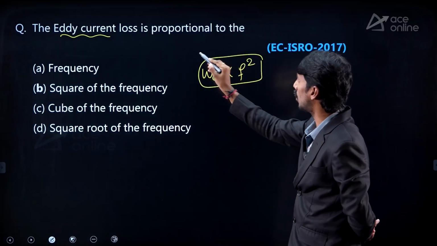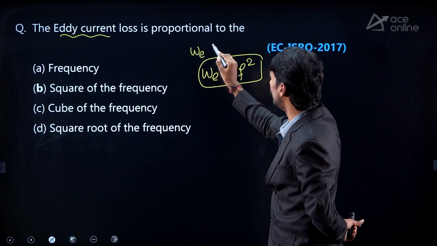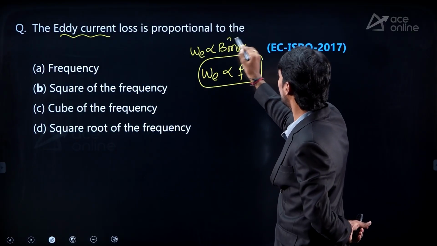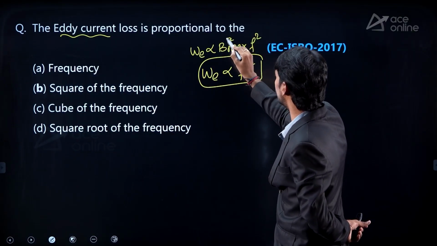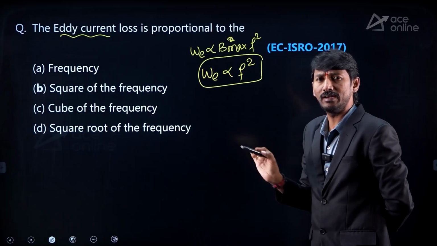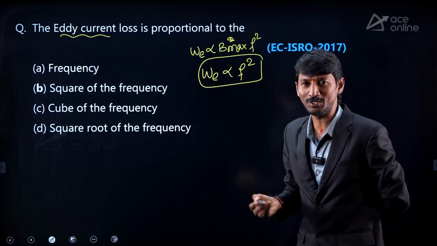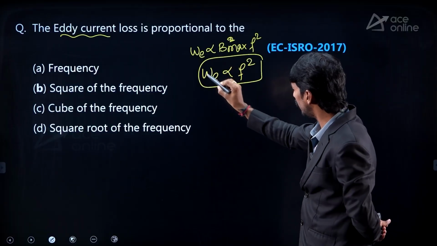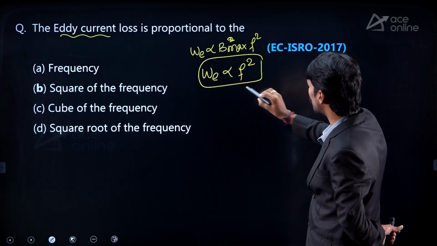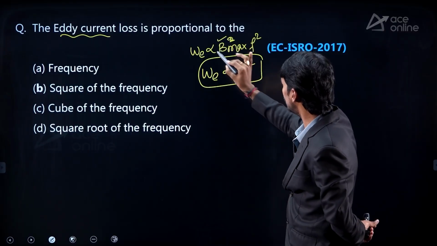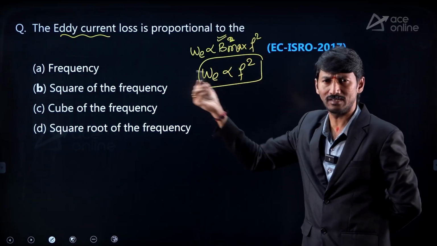Otherwise, normally we say WE is proportional to B max square into F square. If no condition is given, generally B max is assumed to be constant. That's why WE, eddy current loss, is proportional to frequency square. So here this B max is a constant, that is a technical assumption.